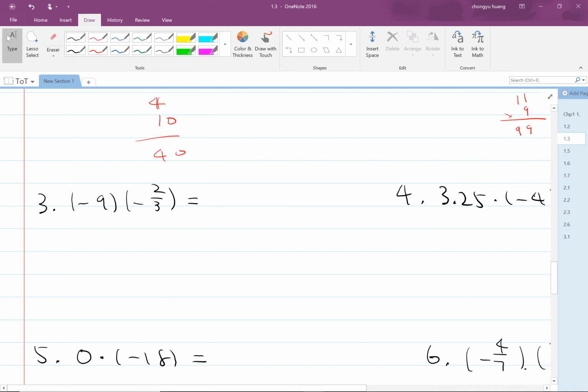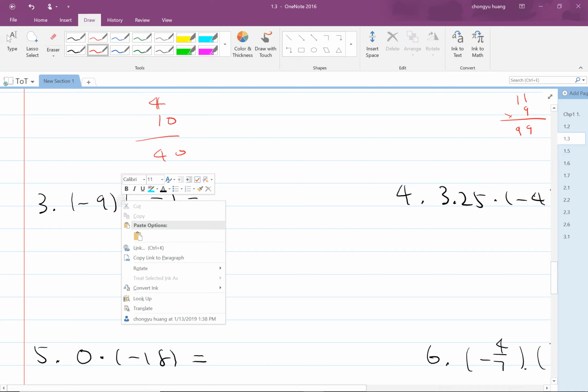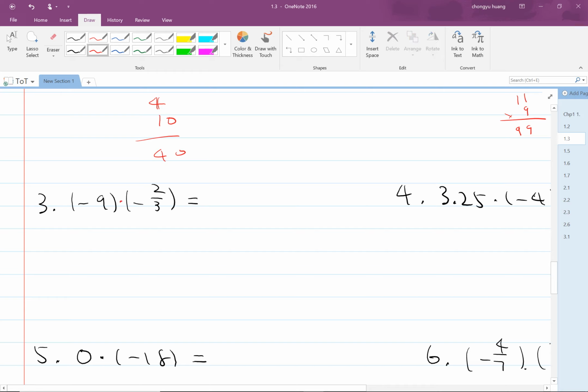Question 3: what you can see over here is negative 9 multiplied by negative 2 over 3. This is negative and negative, so you know the result is going to be positive.